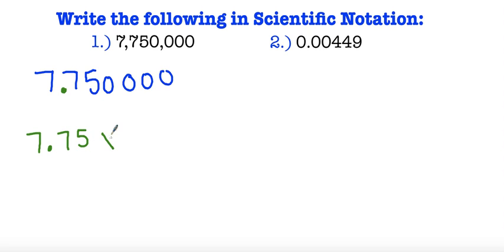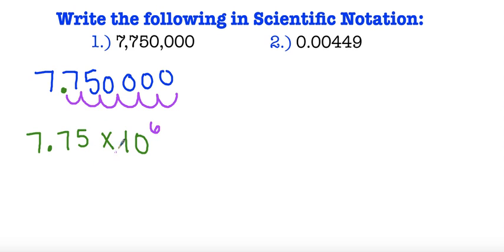And here, I'm going to multiply by 10. I know that the exponent is going to be positive because this is a number that's larger than 1. And here, if I started here, I have 1, 2, 3, 4, 5, 6. So I moved my decimal 6 places, and it's 10 to the power of 6.